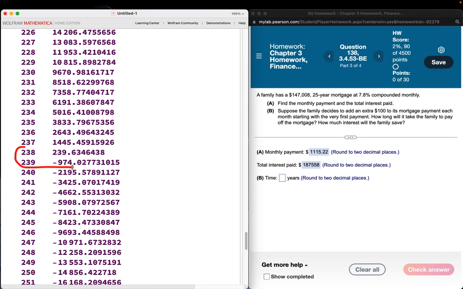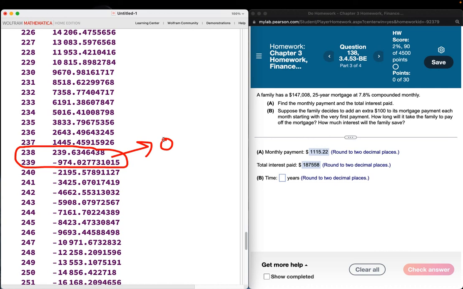The 0 is between 238 months and 239 months, a lot closer to 238. But we have to do this the official way, because otherwise Pearson is not going to like our answer.